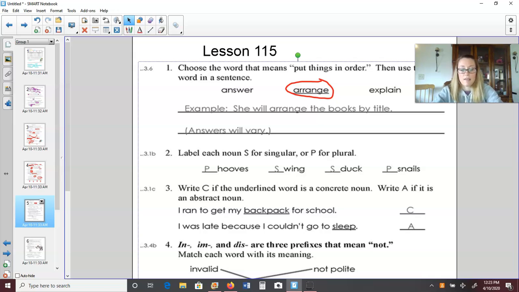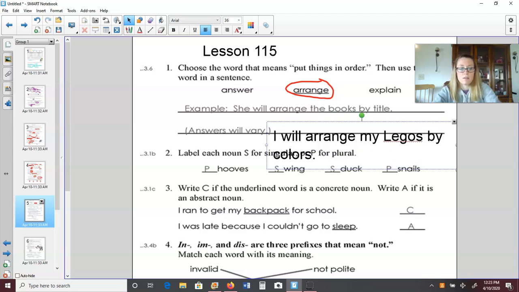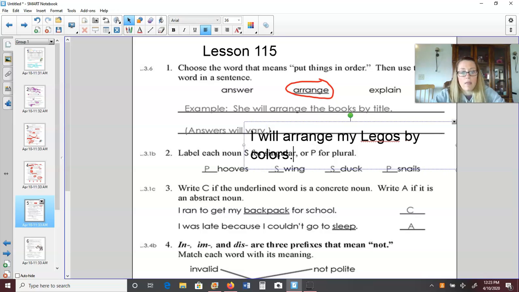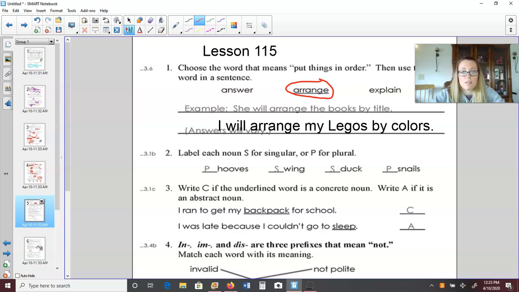Let me see here if I can give a sentence. I will arrange my Legos by colors. So I will put my Legos in order by colors. I know some people do that. Helps you find what you're looking for. So just double check your sentence.